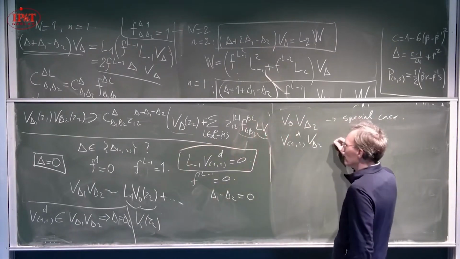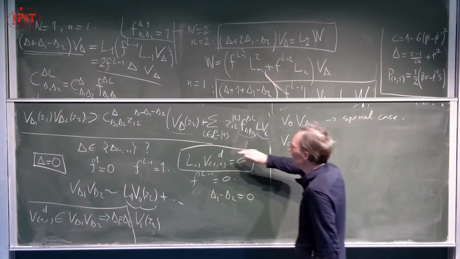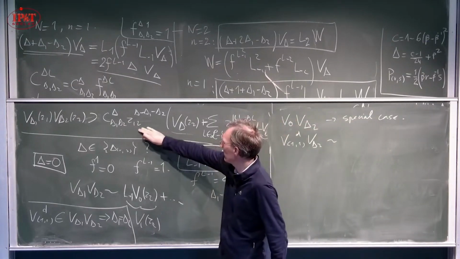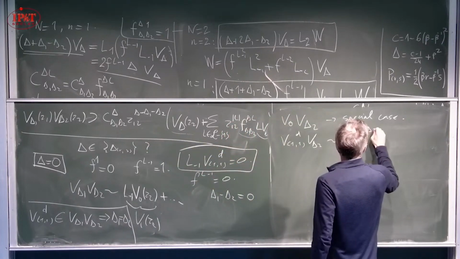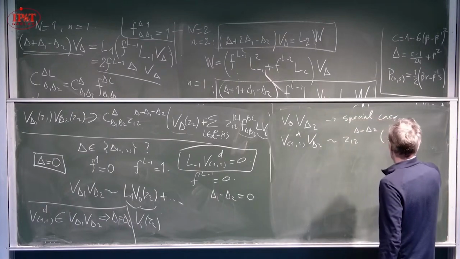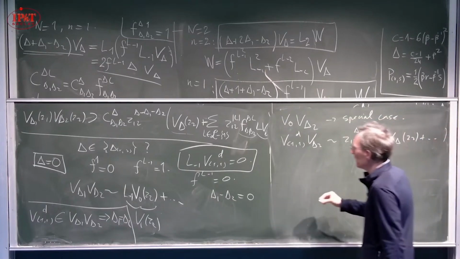And so let's write this OPE. What we know already on this OPE is that it has Z12 to the power delta minus delta 2 times some V delta plus descendants.